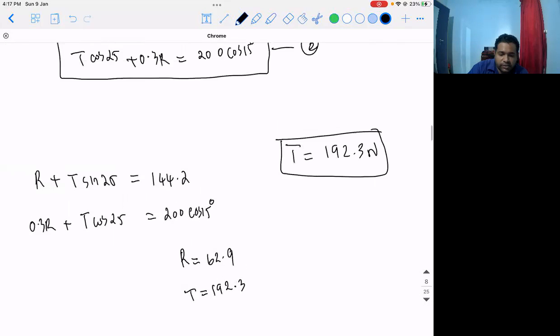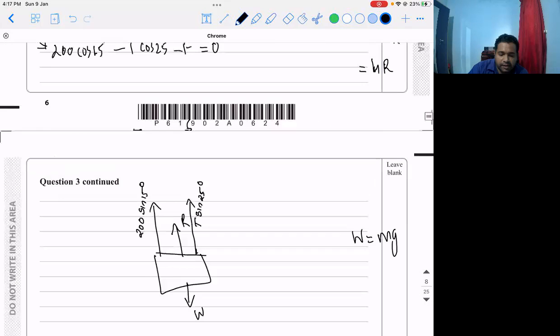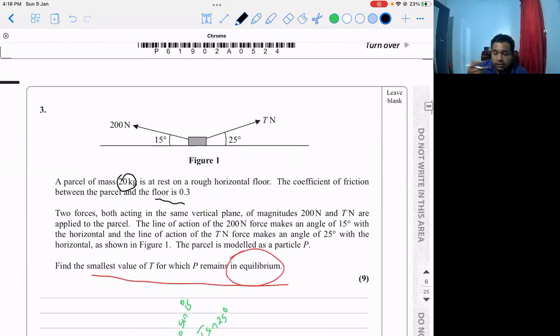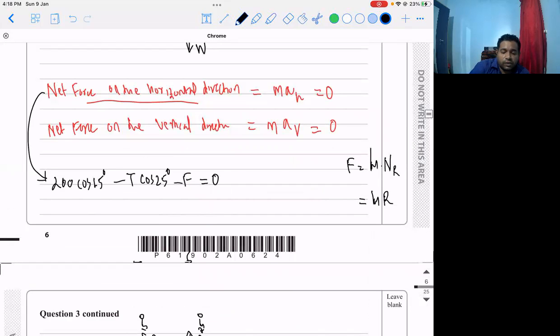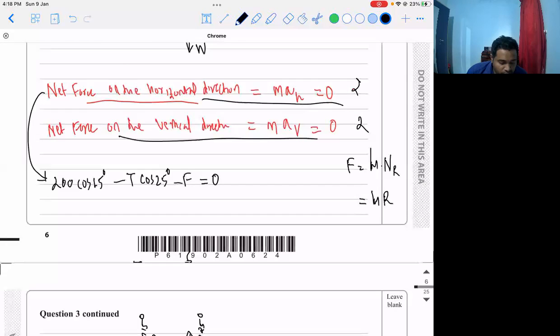So how is the mark distribution for this question, how is the examiner looking at this question? So altogether 9 marks. What is the split up for this question? If you first of all write the equation for the horizontal direction and vertical direction, you will get 2 and 2 marks for each of these.